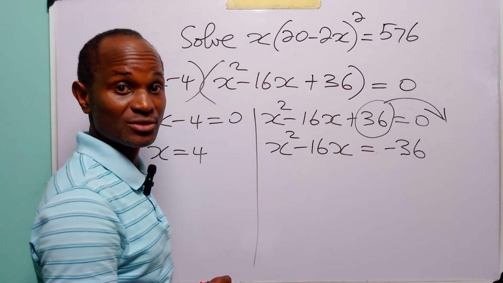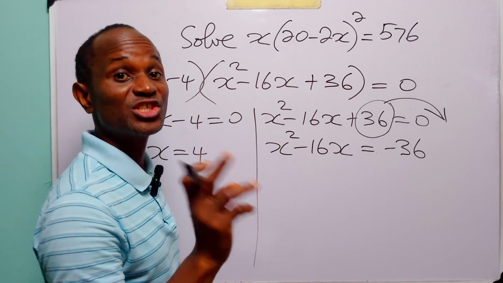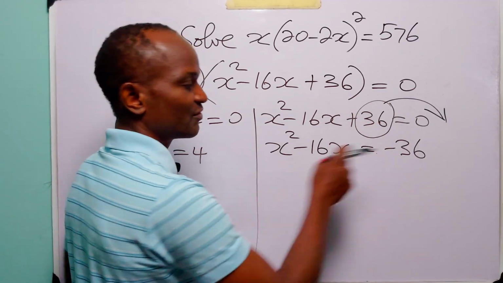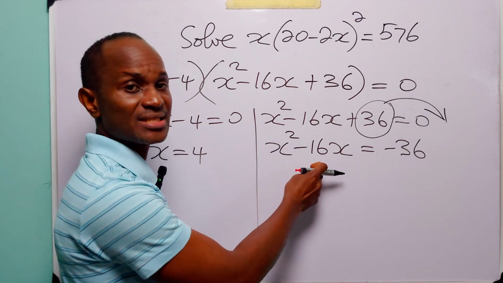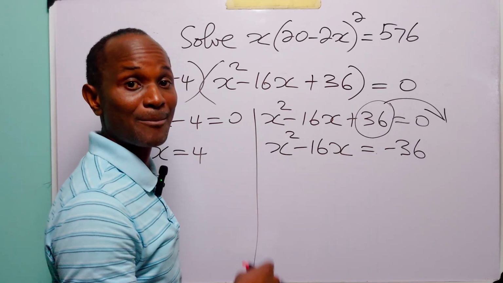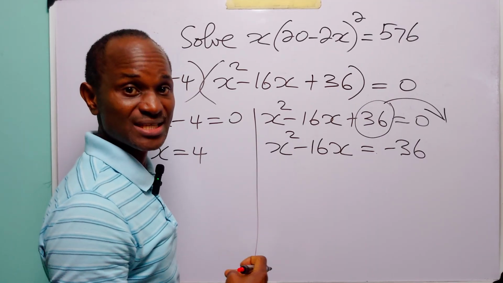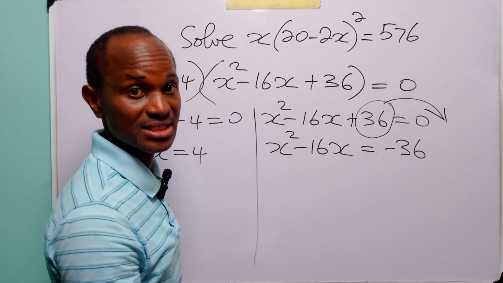Now, the next thing we are going to do is to add the square of half the coefficient of x to both sides of this equation. What is the coefficient of x? It is minus 16. What is half of it? Minus 8. What is the square of that? Minus 8 squared, or plus 64.